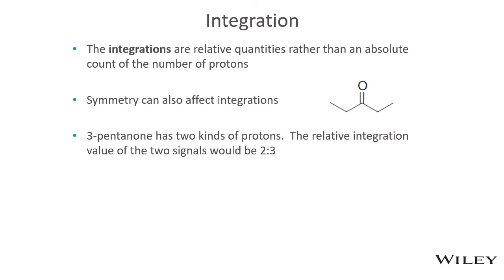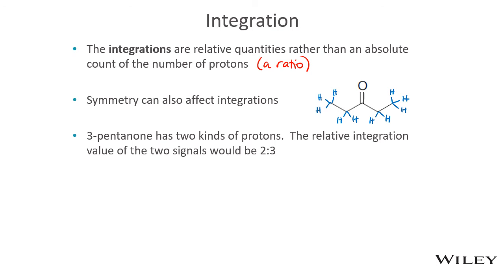Now, integrations don't always give us the exact number of hydrogens in a molecule. Instead, they're going to give us the relative quantities. So, integrations give us a ratio of hydrogens. So, in molecules that are symmetrical, the symmetry can affect the integrations. So in this molecule, 3-pentanone, we have 2 sets of 2 hydrogens that are identical and 2 sets of 3 hydrogens that are also identical.